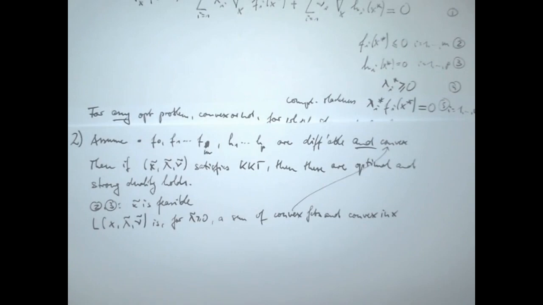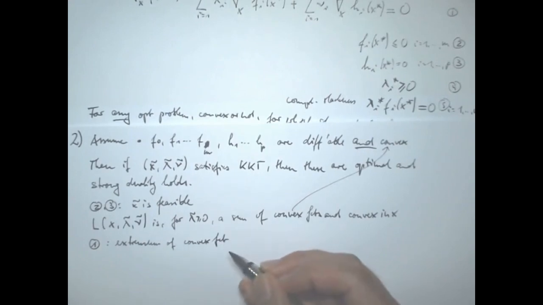And one said that we are at an extremum. And if we're at the extremum of a convex function, it tells us that we have found an overall minimizer.